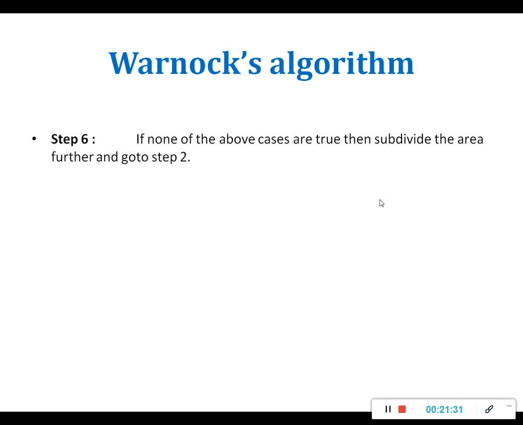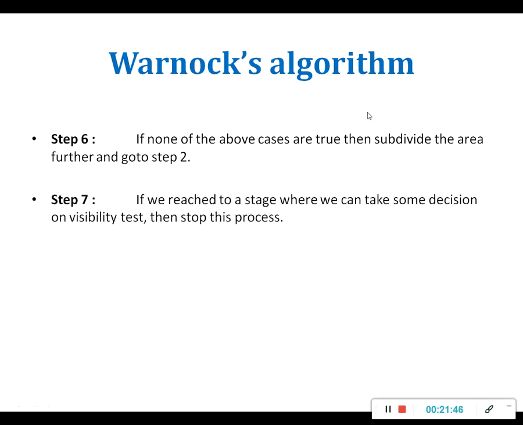Okay, and the last steps 6 and 7: if none of the above cases are true, meaning it is not disjoint, not surrounding, not a content polygon, then it will be an intersecting polygon, and if such a condition occurs, then we have to subdivide the area into different areas. Again that sub area will be divided into sub areas likewise.